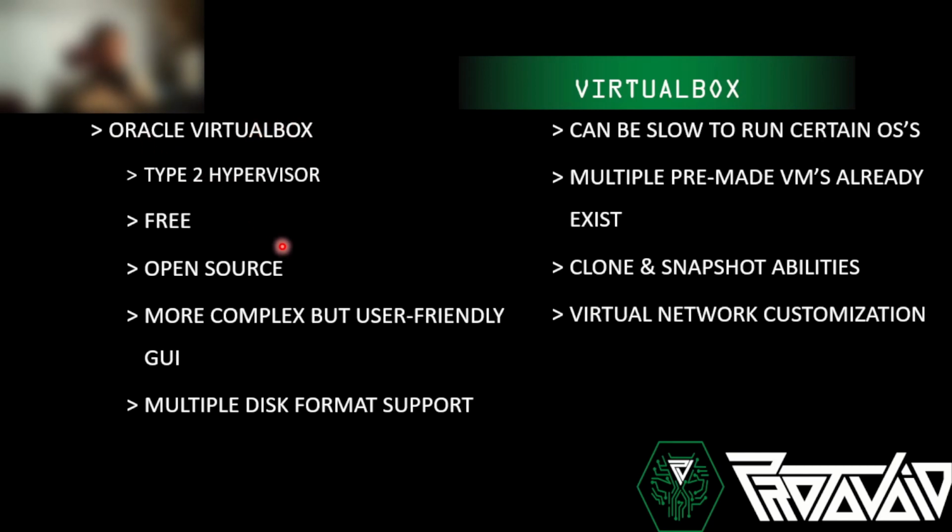It's free, open source, and here's where it can be a little bit preferency, I'll say. It's more complex in terms of what it can do out of the box, but it does have a user-friendly GUI, and I'll go into this after I talk about the next one.